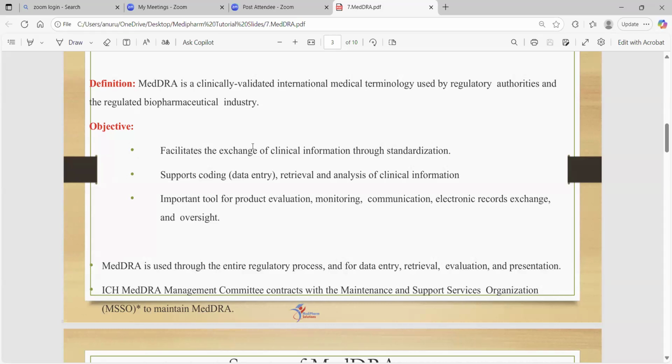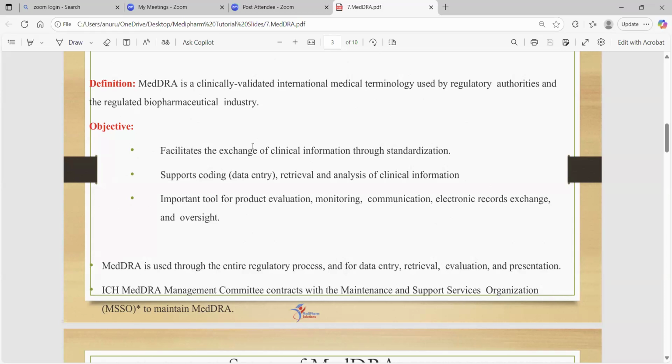So there are different terms reported, like fuzzy feeling in the head. I feel wobbly. I feel not so good, or things like that. But when you code it by using MedDRA, everything is so systematically coded that whenever a regulatory authority or the regulatory process, data retrieval, data entry, whenever they are trying to do the evaluation and presentation, they always go by the preferred term.